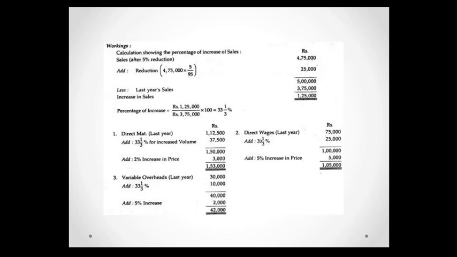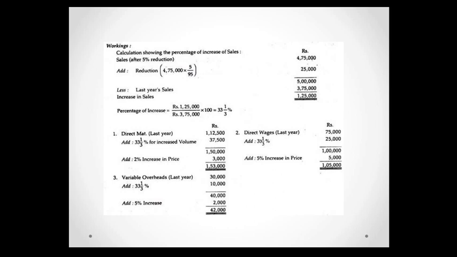Here there is a calculation given. First the sales price is reduced by 5%. So from 5 lakhs it is reduced. At 95% capacity, the sales is 4 lakh 75,000, and actually the sales is 5 lakhs, and after a 5% reduction, it comes to 4 lakh 75,000.